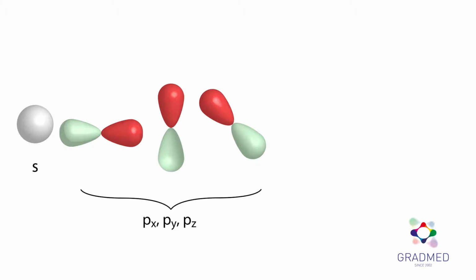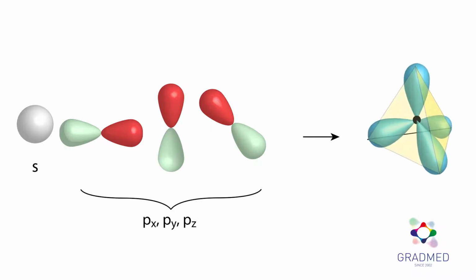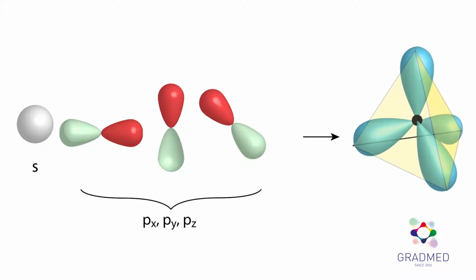But carbon has a real trick up its sleeve. To get greater stability, it takes these 4 electron clouds and merges them together, just like clouds in the sky might merge into a different shape.